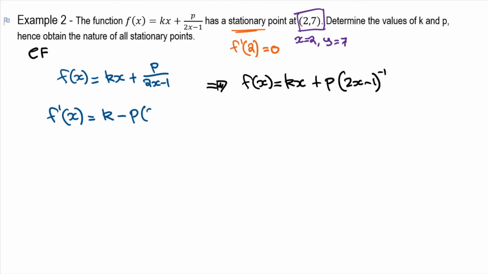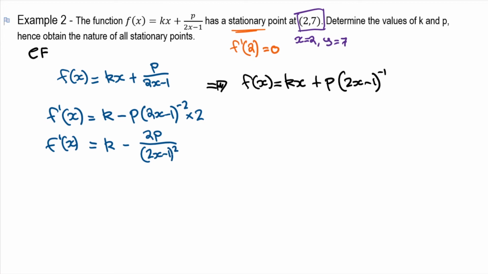The inside stays the same, so that's 2x minus 1 to the power of negative 2, multiplied by the derivative of the inside, which is 2. So if I clean up what this derivative should be, what I'm going to get is k minus 2p on top of this business squared. And that's going to be my derivative.